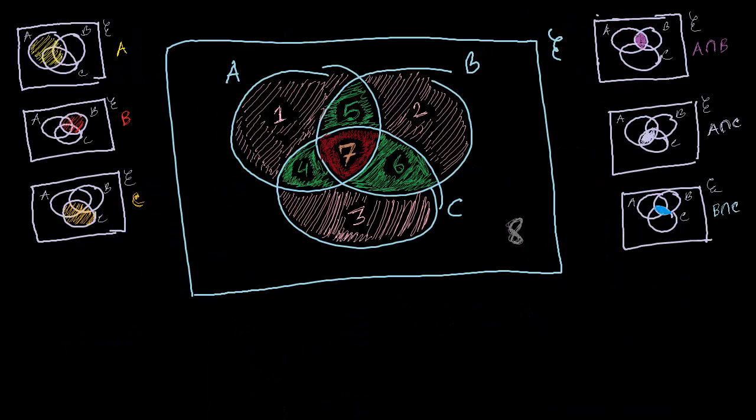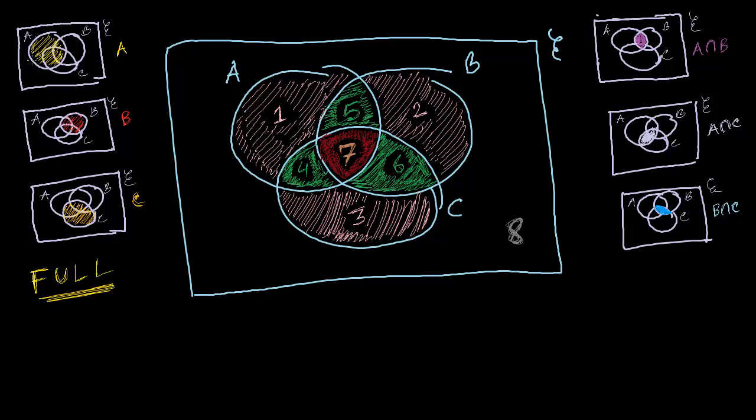These three-set Venn diagrams have 8 special regions that are important to remember. First of all, if you take all these three, this is the full set over here. These are full sets.